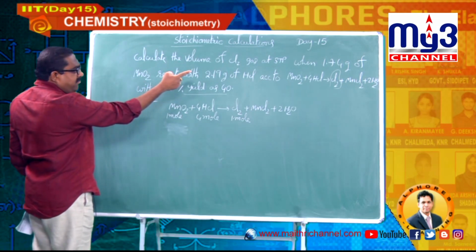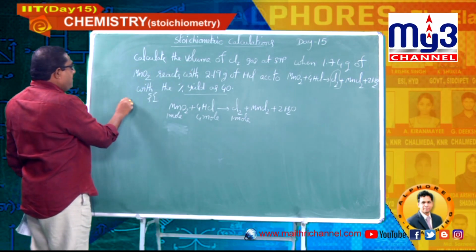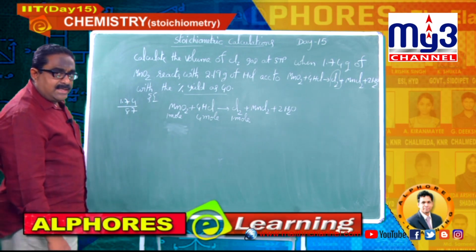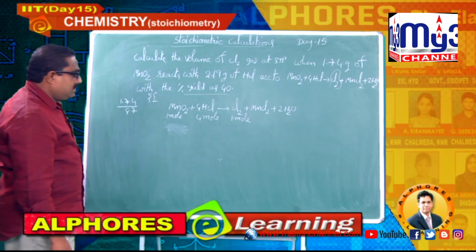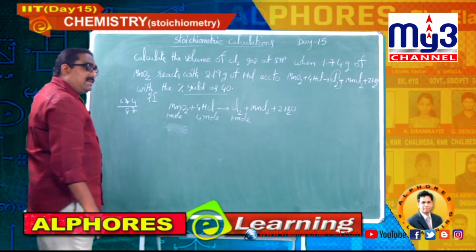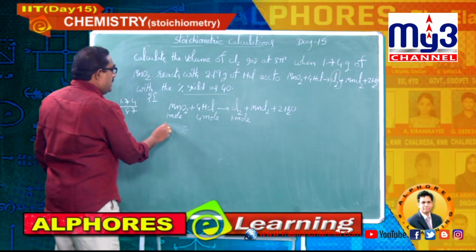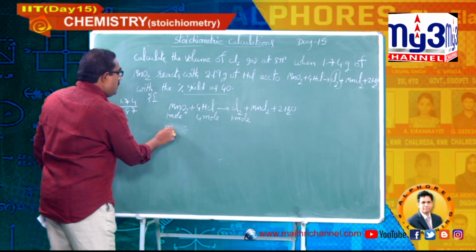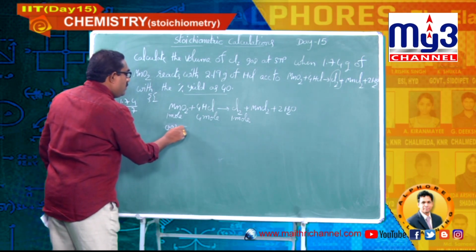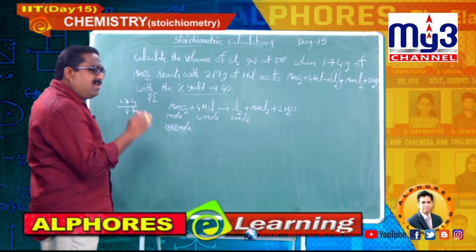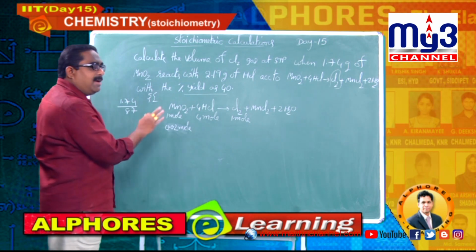So what is the mass of manganese dioxide given? 1.74 divided by 87. Students, I am calculating moles. 2 into 87 is 174, but 2 digits are there. So this is 0.02 mole given moles. Okay, I am doing it in moles. Anything you can do, no problem, but for simpler thing I am doing the moles.